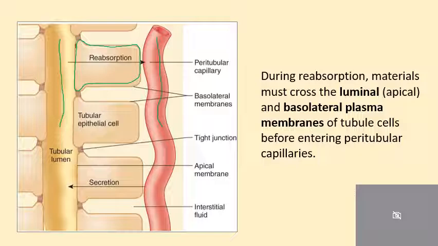The cell surface that is in direct contact with the filtrate, so this cell surface here, this is called the apical cell surface or the luminal cell surface because it faces the lumen. This cell surface is in direct contact with the filtrate, so meaning as water and solutes go flowing by as that filtrate is traveling along the renal tubule, it's directly flowing across the luminal or the apical cell surface.